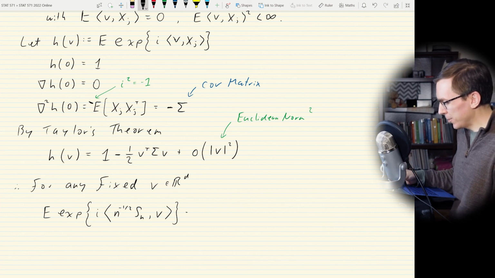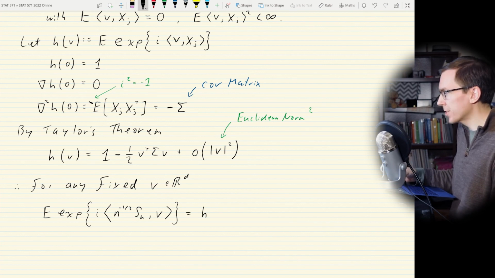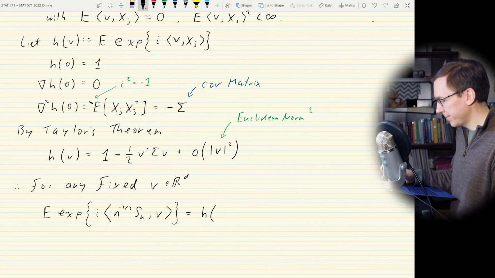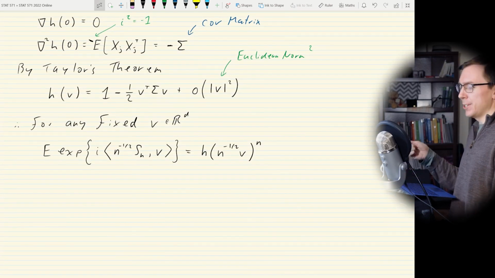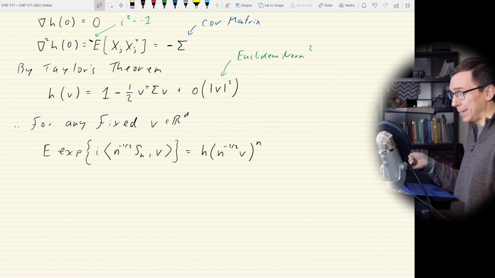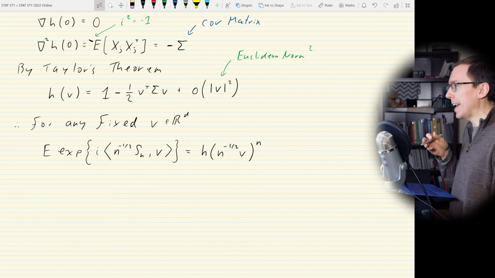So this is equal to my h function at n to the -1/2 v, to the nth power. I'm multiplying this h function times itself n times, but v is being scaled by the square root of n.